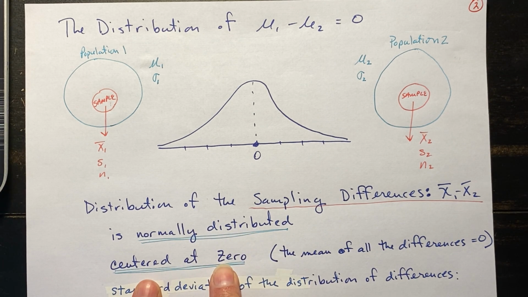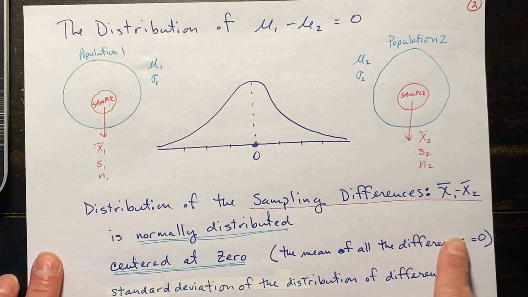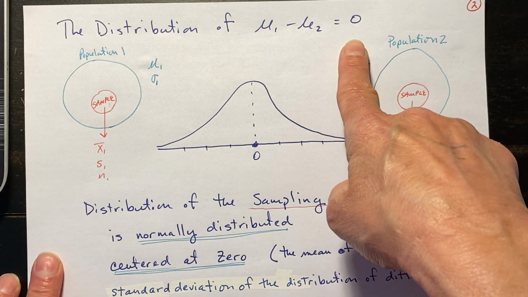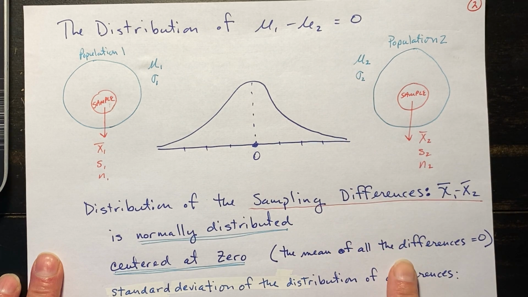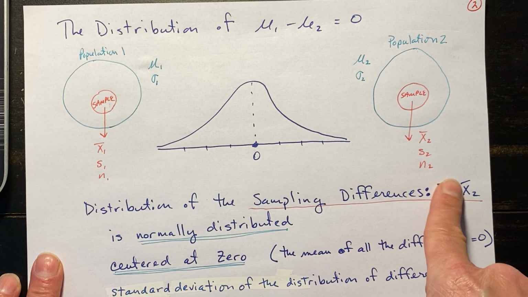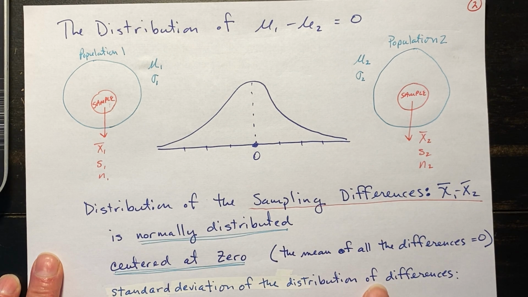It will be centered at 0, meaning the mean of all of these differences is 0, which is the same as what we are claiming in the null hypothesis. We're assuming that is true.